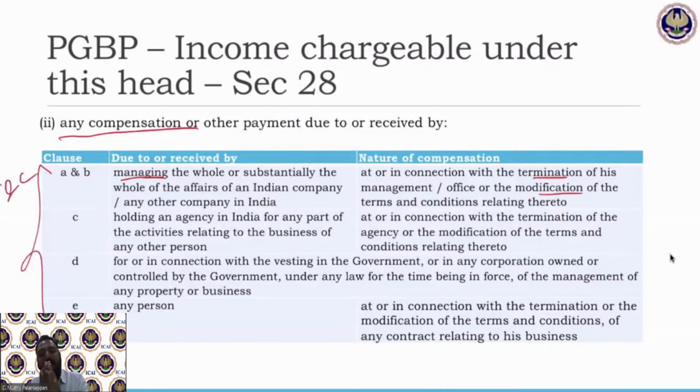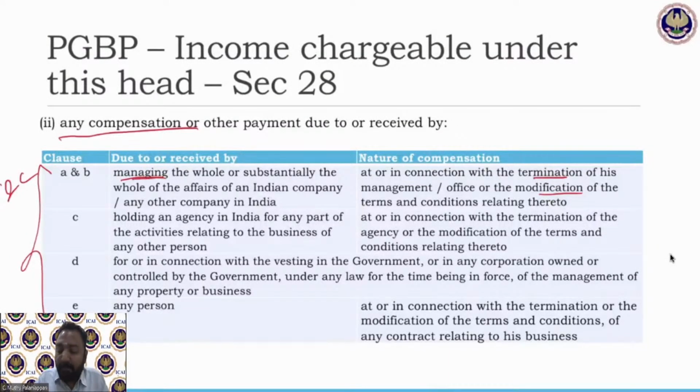When there is any change in terms and conditions of a specific agreement because of which you are being paid, it will be taxable under PGBP. So any money received for change in terms and conditions is taxable under section 28. So we'll just see when all it is taxable.